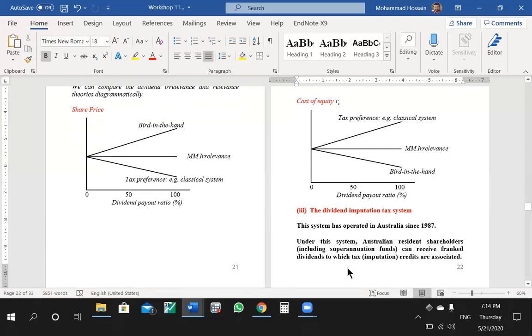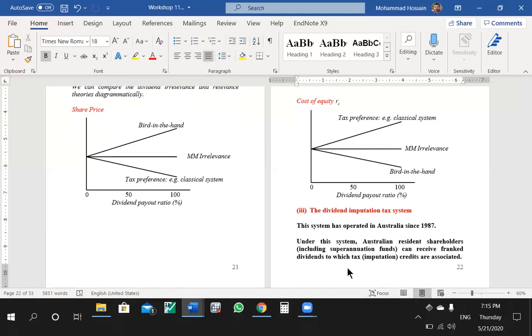And another thing will be this: when the company issues you some dividend, they have already paid some tax on it. If it is 100%, they call it a franked dividend. Franked dividend means tax is already paid at the corporation tax rate.